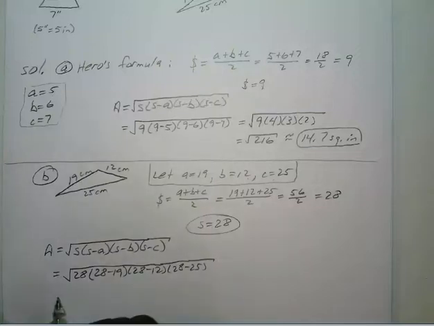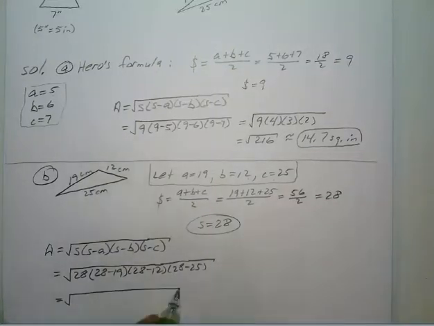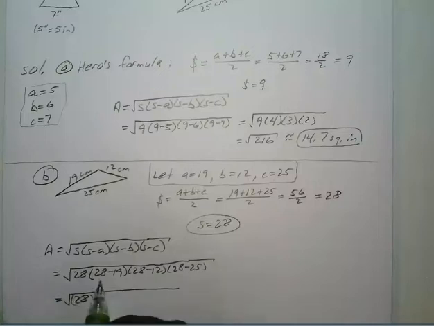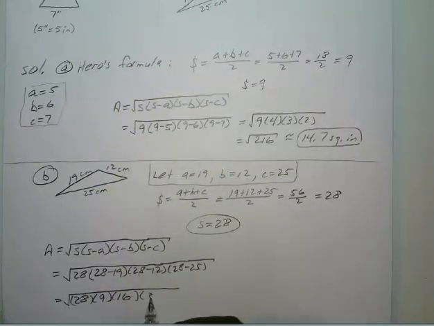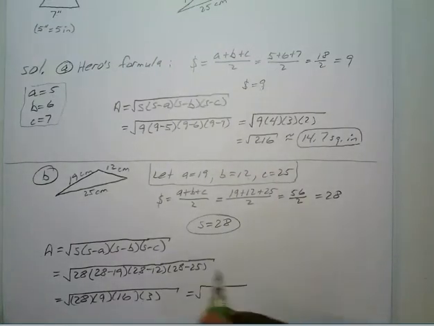Okay, let me go ahead and simplify it. We have our 28 there times 28 minus 19, which is 9, times 28 minus 12, which is 16, times 28 minus 25, which is 3. Okay, so you multiply all four of those together, you will get the square root of 12,096.